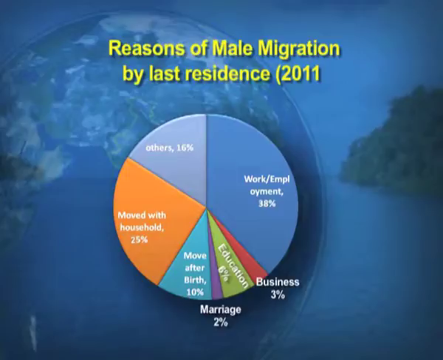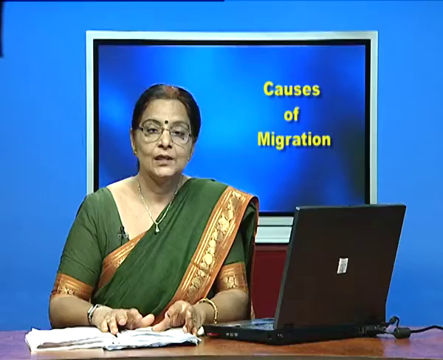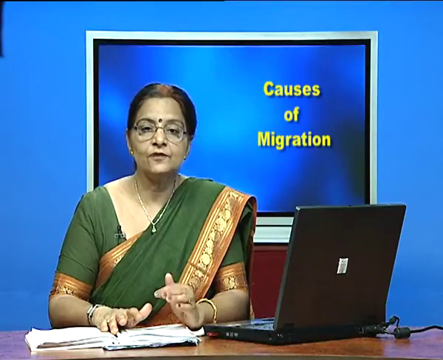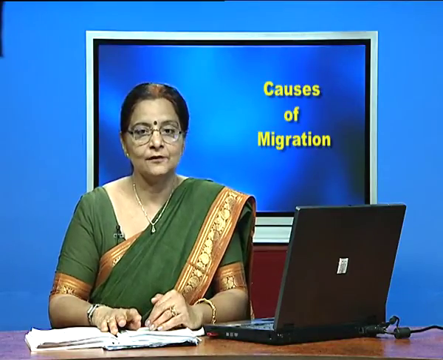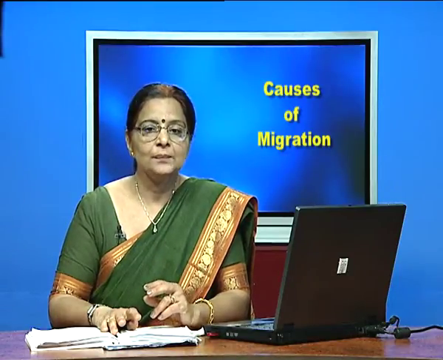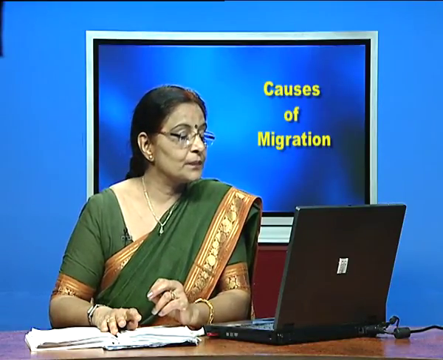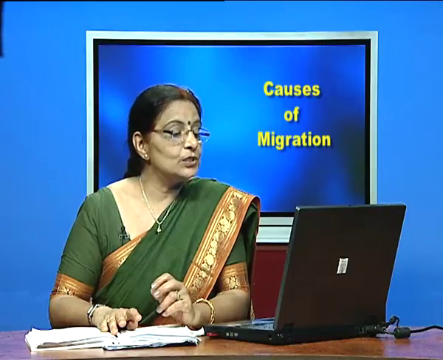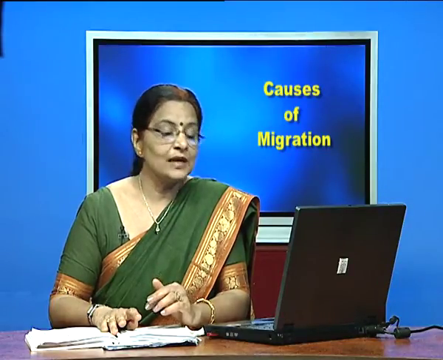If you look at the diagram, you can see that around 38% of the migration of males is only because of employment. That means in search of a better quality of life, in search of better employment opportunities, the males migrate. And the second largest portion is other factors.